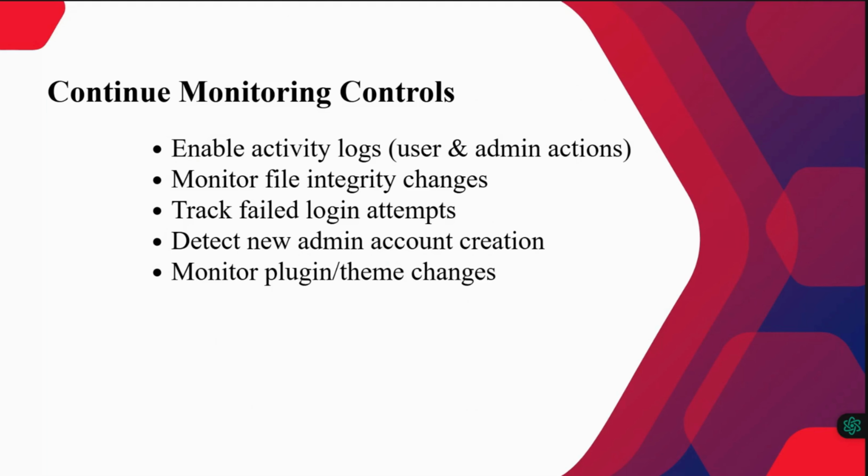For example, who logged in to the WordPress site and from which IP address, what plugin was installed, when a new admin account was created, and when settings were changed. Without logs, if your site is compromised, you won't know what happened, how it happened, or who did it. Logs give you visibility. Security without visibility is blind trust.